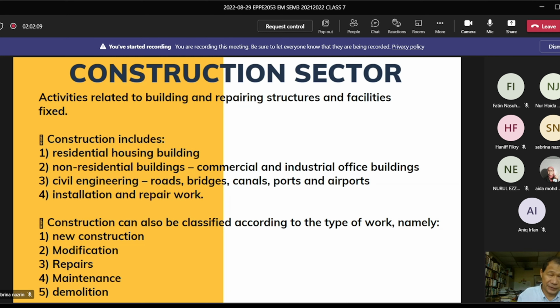Even though its share is only 6% or 7% of GDP today, and in the past it was 5% or something like that, never 20, never 15%, construction is a very important sector in Malaysia's GDP, because it creates a multiplier effect through backward linkages.